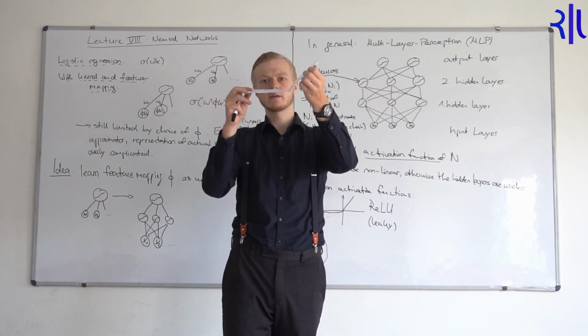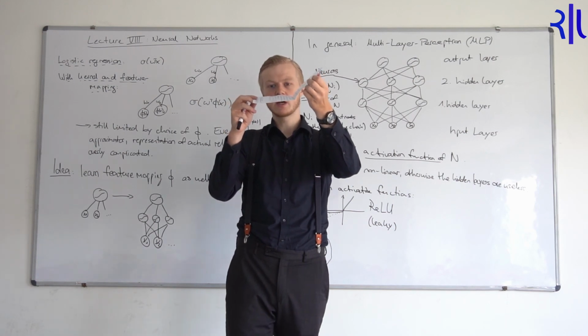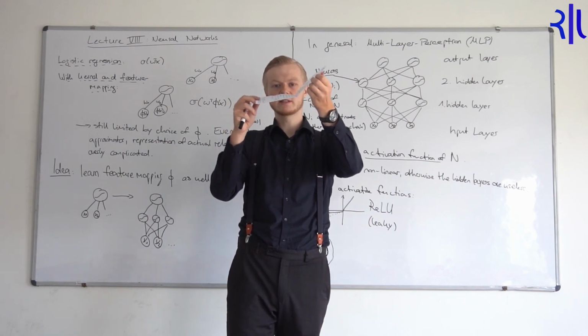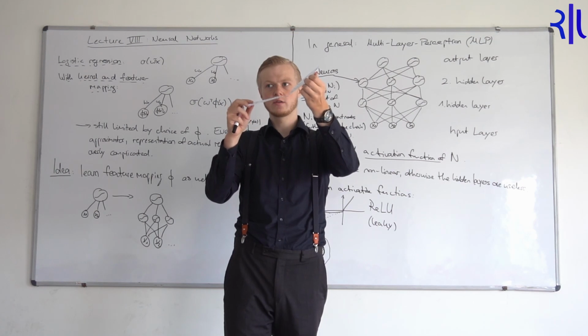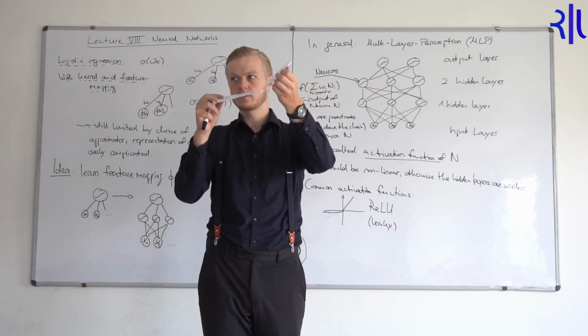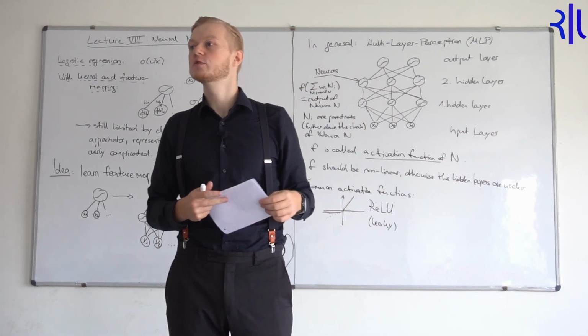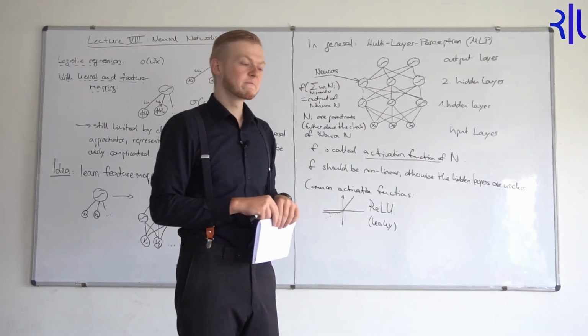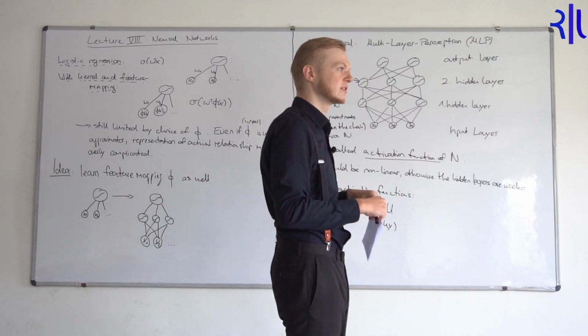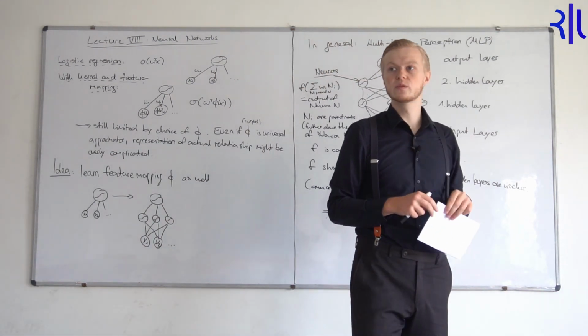And if you have a leaky rectified linear unit, what you do is basically tilt the graph for the negative part a little bit downwards so that you do not get 0. Why is it maybe preferable not to get 0?